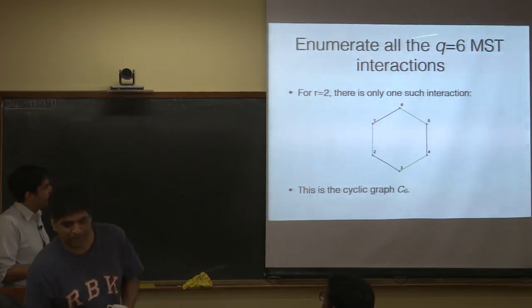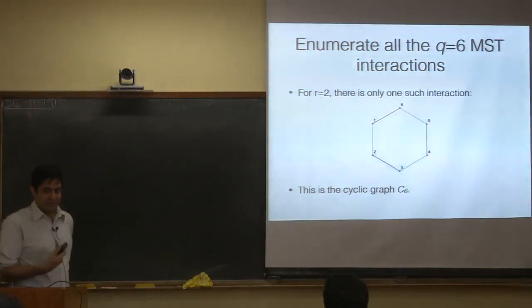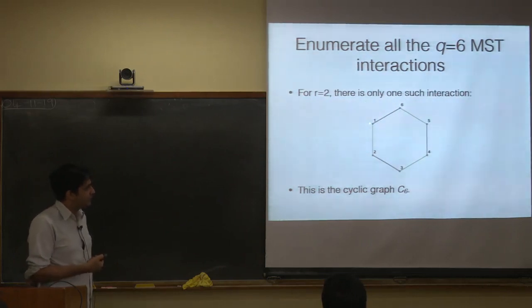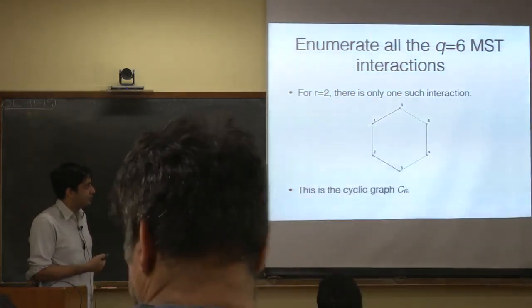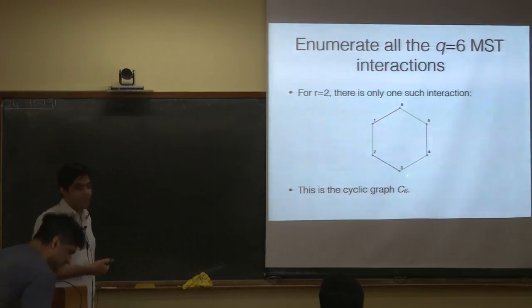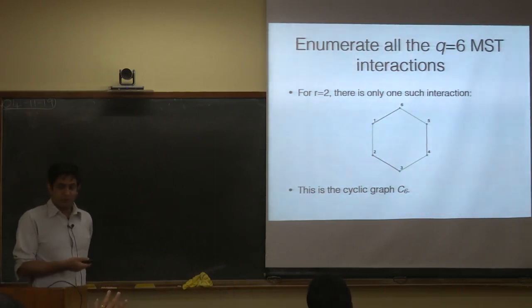So if you want to construct all the maximally single trace interactions, you can do that. For R equals 2, there's just one maximally single trace interaction, a cyclic graph with alternating colors. I thought the definition was if you drop one color, it should be single trace.